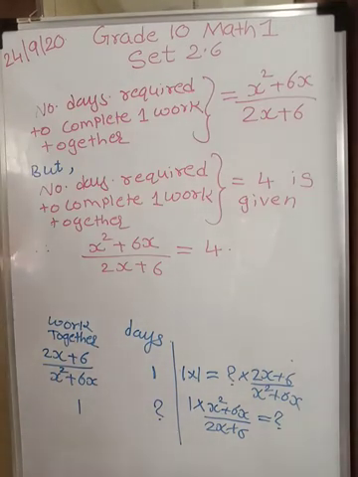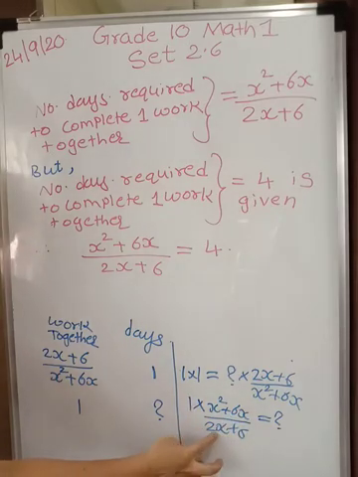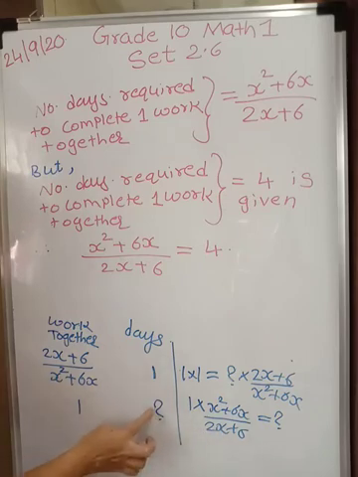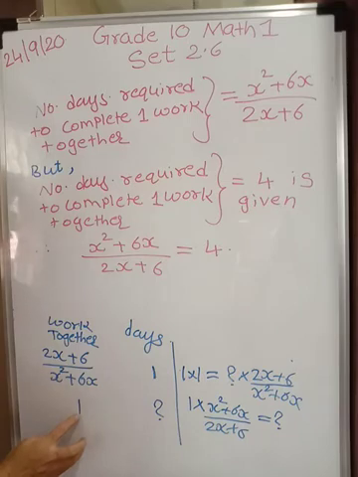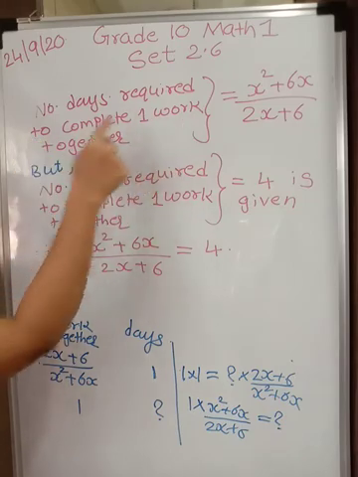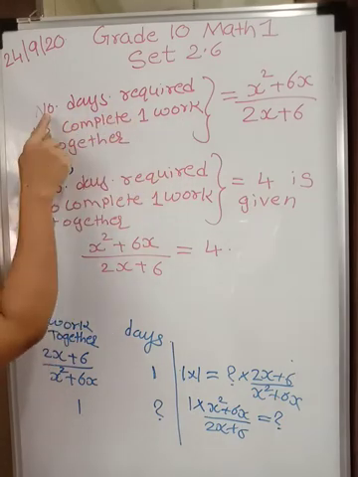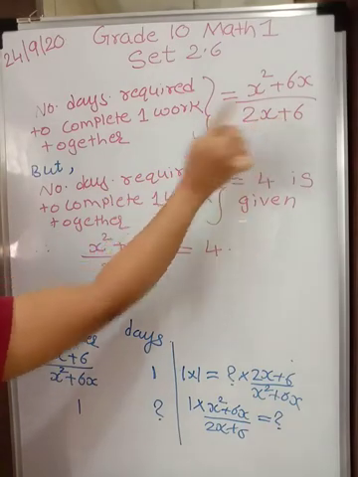Okay. Now here we go, students. So we have found out this many days are required to complete one work which is given to them together. The number of days required to complete one work together is (x² + 6x)/(2x + 6).